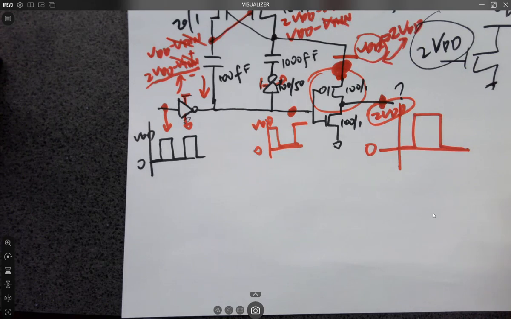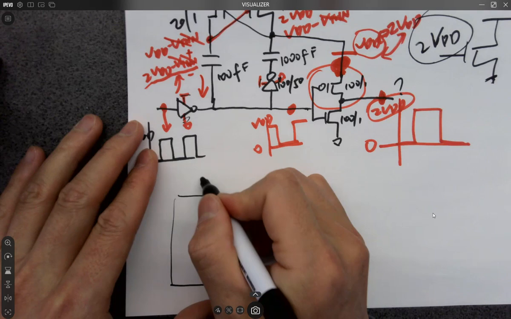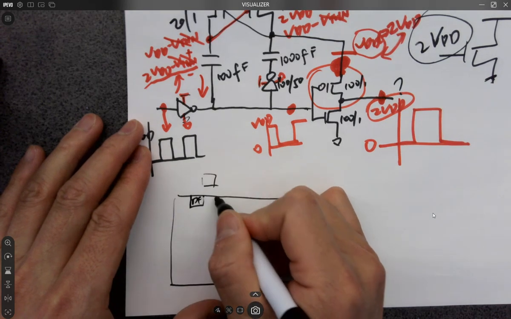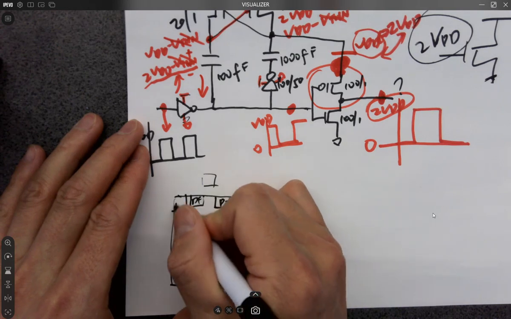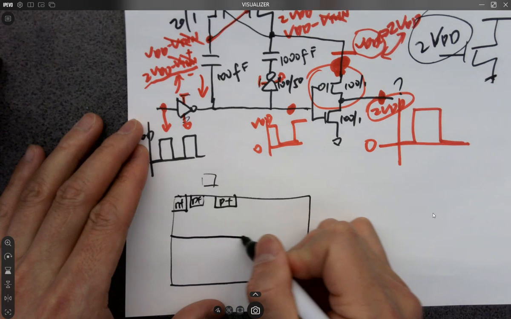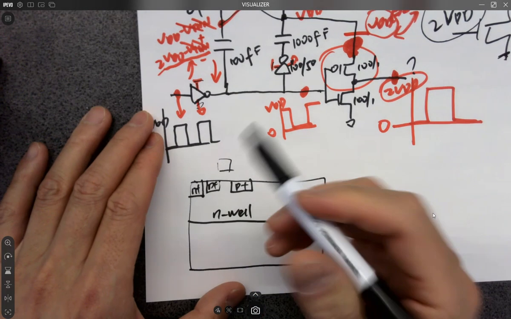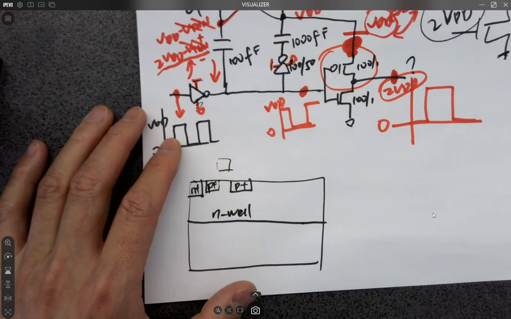Why is that? So from the cross-sectional view, you have P plus, and here's the N plus, and this is your N well. Remember, for the PMOSes, just think about the electric VI side layouts, right?